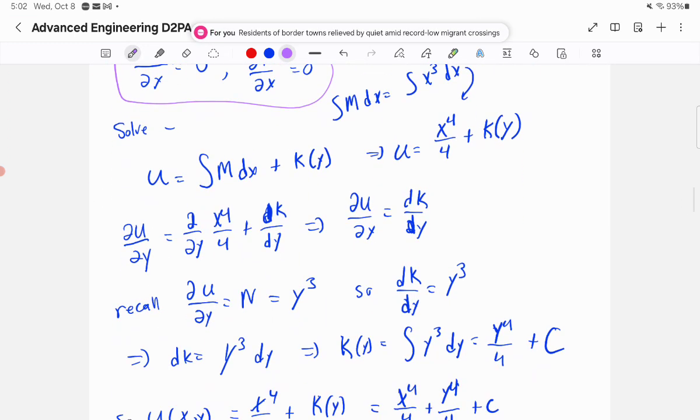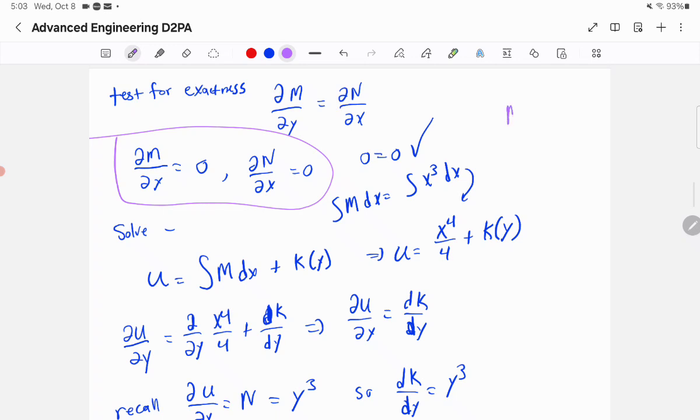So because of that, we can now do this integration, right? We know that m is equal to du dx.